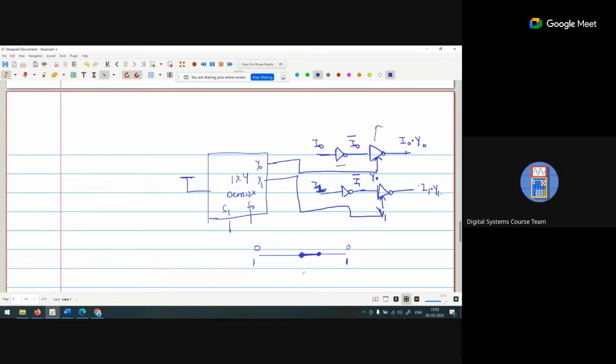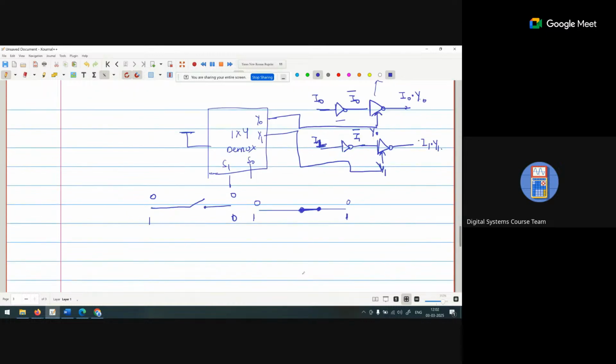So when you change the input, the output changes. The second scenario is where the switch is open. Whether you apply 0 or 1, you do not get the same voltage at the output, which means the circuit is an open circuit. Now if the circuit is open, what is the resistance? Infinite. This is called the high impedance state.